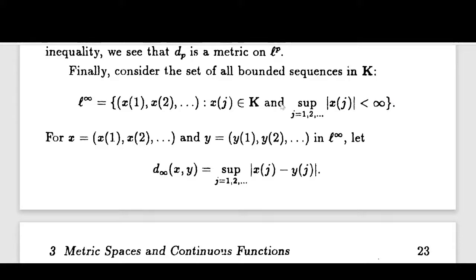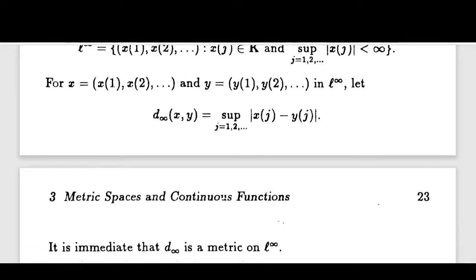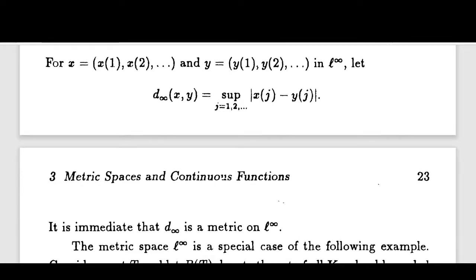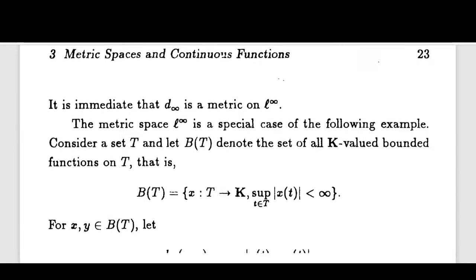If we take any x and y from this l^∞, of the form x = (x_1, x_2, ...) and y = (y_1, y_2, ...), and define d_∞(x, y) as the supremum over j of |x_j − y_j|, then clearly we can verify that d_∞ is also a metric on l^∞.